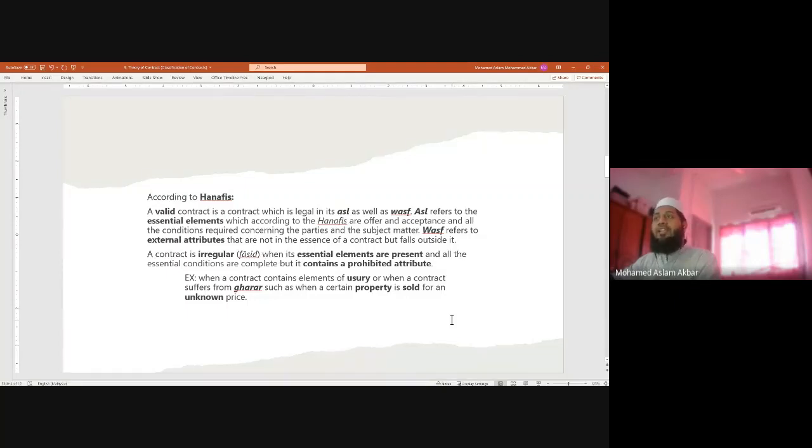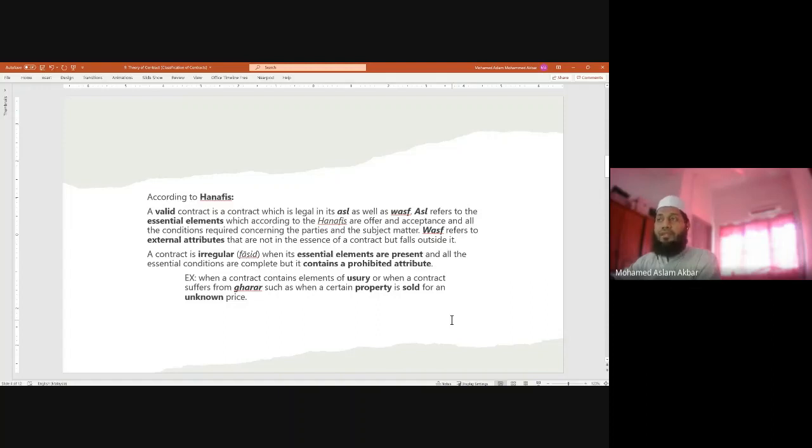So these are the additional things. It contains a prohibited attribute, and according to the majority, because of this prohibited attribute, the contract becomes invalid. But according to Hanafi, because of this prohibited attribute, the contract will become fasid.